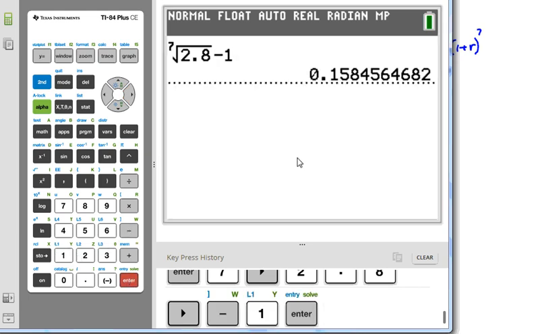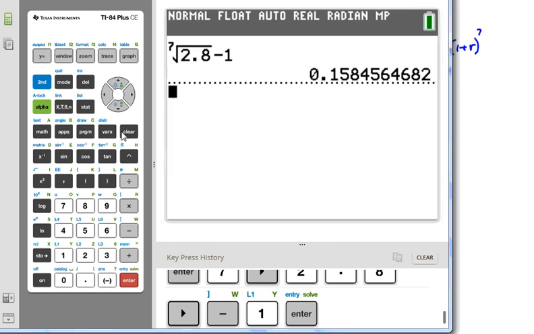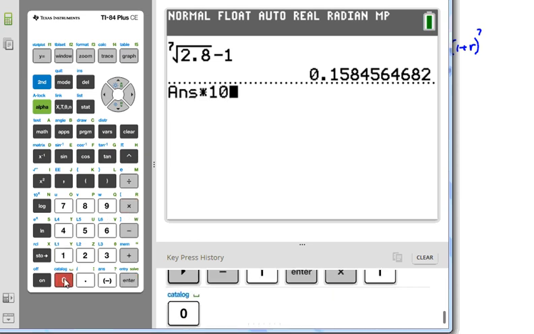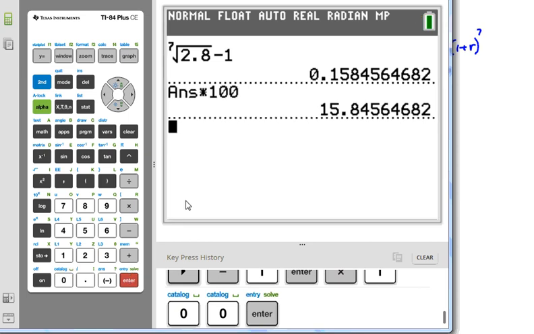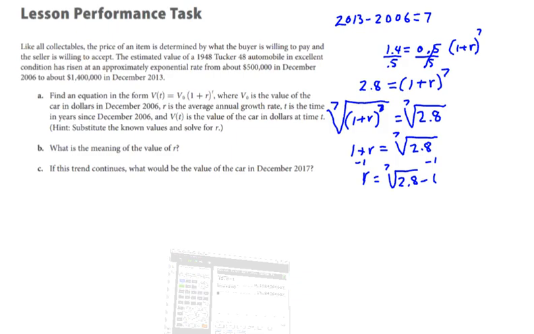We're going to get 0.158, which, to get into a percentage, which is what they're going to look for, we have to multiply by 100. So we'll call it 15.85%.